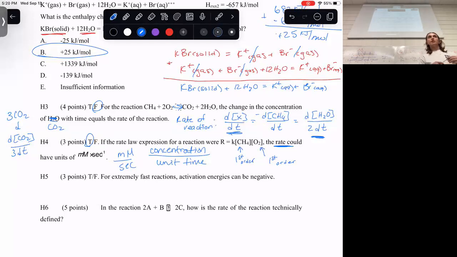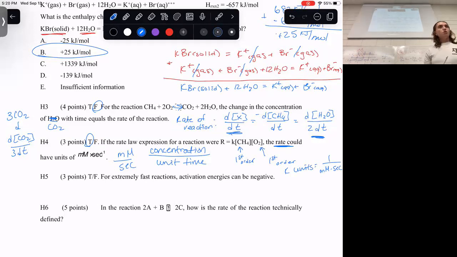What would be your units for k here? 1 over millimolar times second. And the overall order of the reaction is found by adding the exponents together.